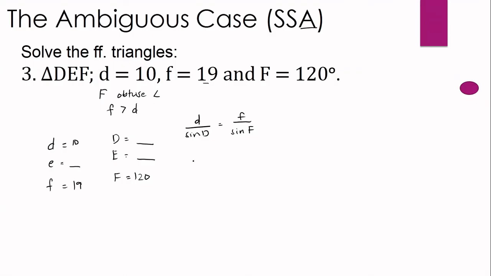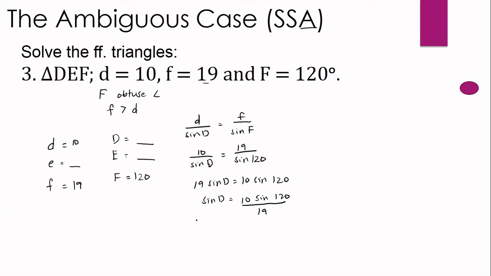Our D is 10, so we have 10 over sine D, nawawala is angle D. Our F is 19 over sine of angle F, which is 120. By cross multiplication, unahin natin yung may unknown. So we have 19 sine D is equal to 10 sine 120. Kung kukunin natin ang sine D, magiging 10 sine 120 over 19.